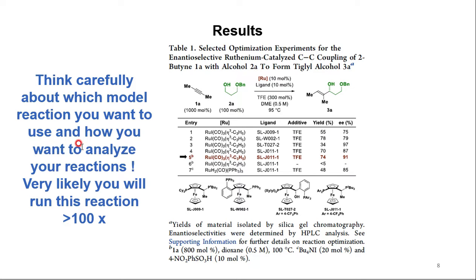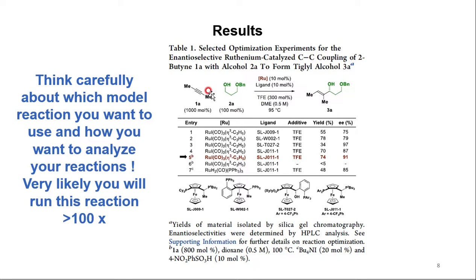In terms of results, we are doing methodology mostly, so we always have tables, and there's always a model reaction. For model reactions, you have to think very carefully, because you will probably do them more than 100 times. If you isolate the same compound 100 times, it's probably a little bit slow.